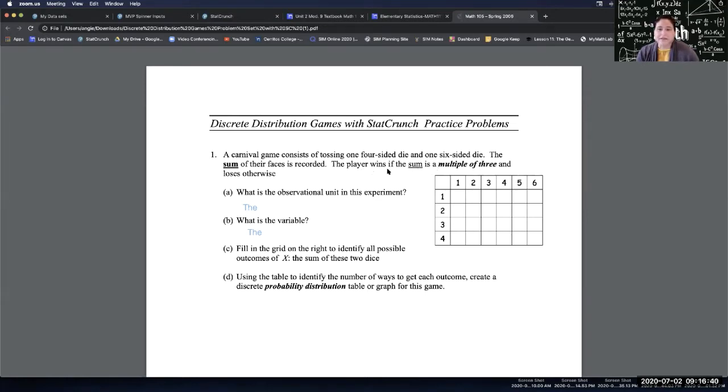The player wins if the sum is a multiple of 3. First thing, what is the observational unit? Going back to old school, what is it that we're watching, and what is it that we're recording? What is the variable? Everybody write down what you think the observational unit and the variable are, and then hold your answer up to the screen. I want to see what you said.